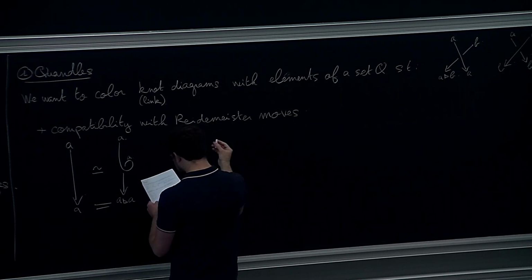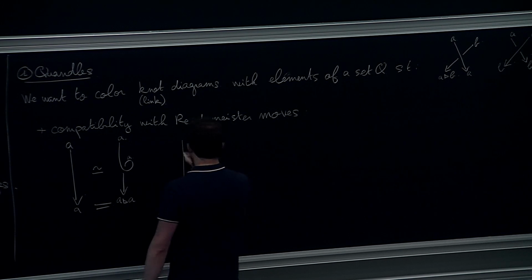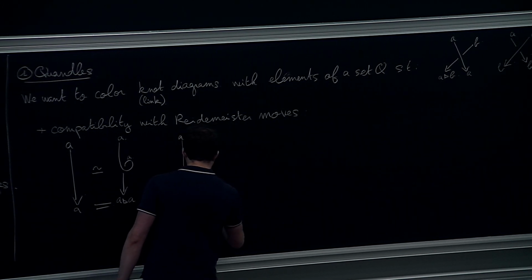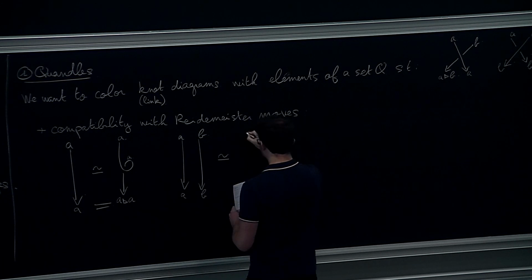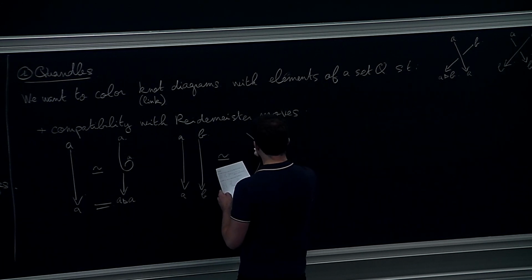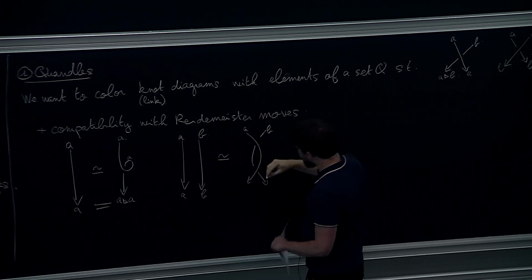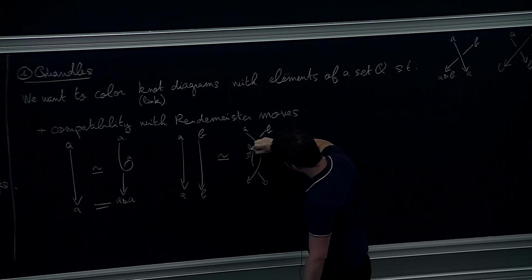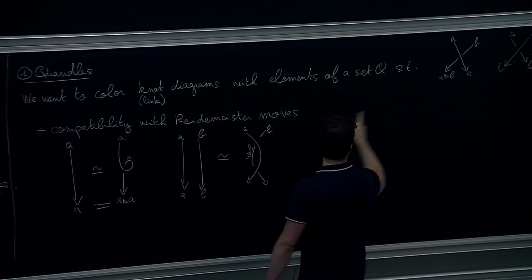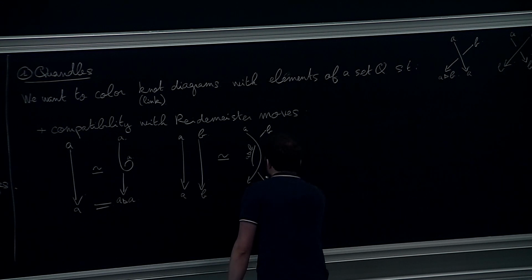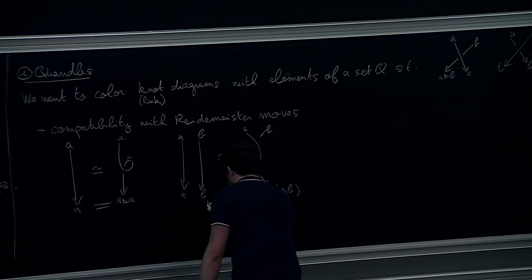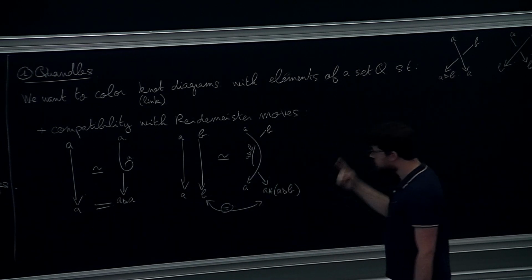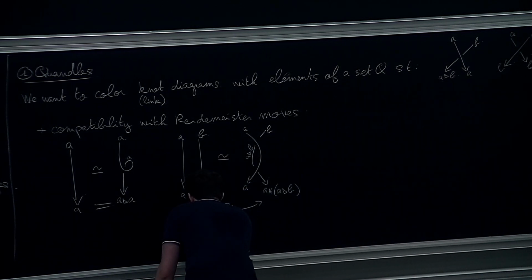The second one is Reidemeister 2. So if I have this, and I want to deform it into this. What do I get here? I get A acting on B, and here I have another crossing, a crossing of the other type, and then I have this and A. So I want these ones to be equal, and the converse move.